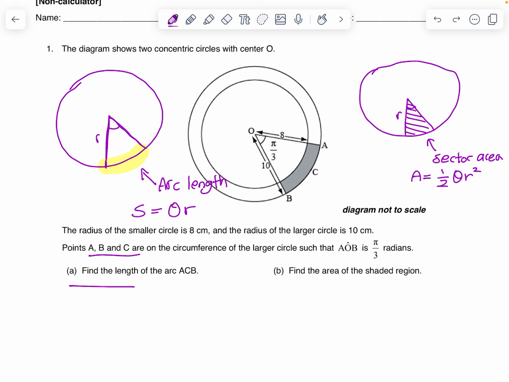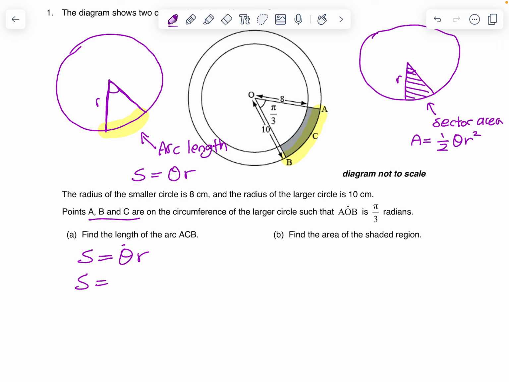And now it says, question A, find the length of arc ACB, the arc. So you want to solve for this arc here. And remember, our formula is S equals theta times R. And we know that theta is the angle in radians, so pi/3 times R. Now, which radius do we use?